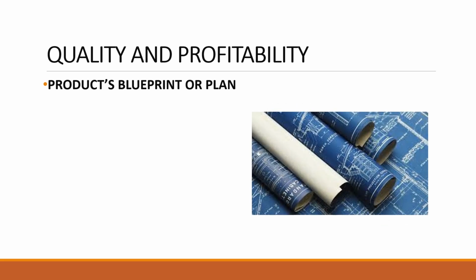Now students, let us see how quality is related to profitability. When you are talking about a product, what is first required is the blueprint of the product: how we will plan it. Plan means how the product will be manufactured.